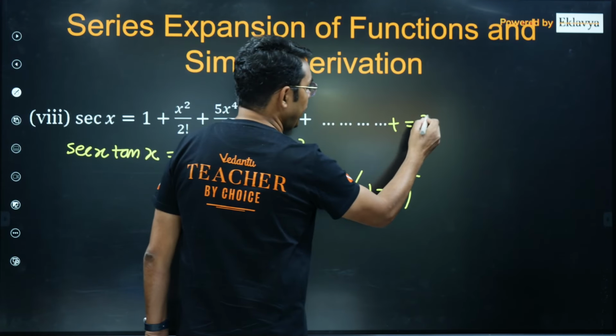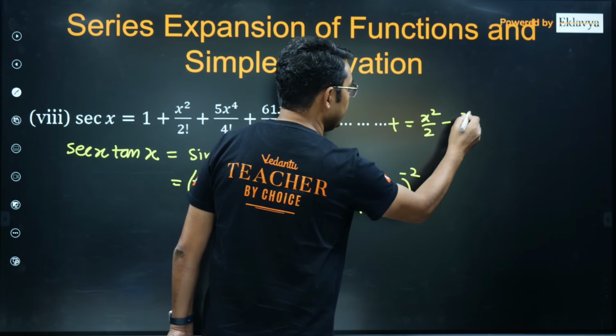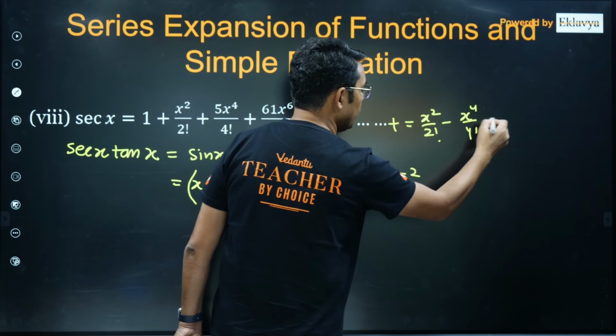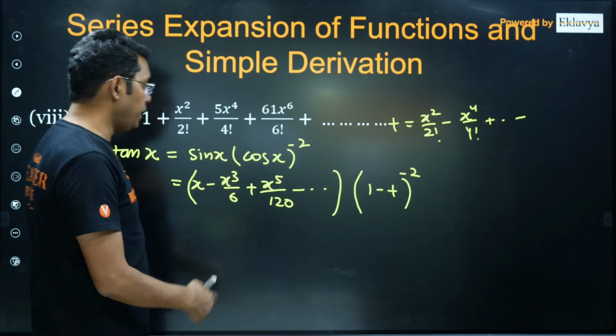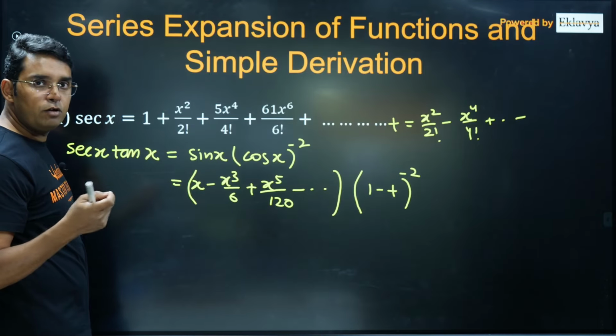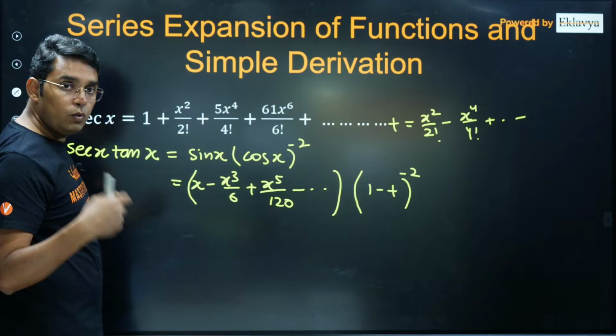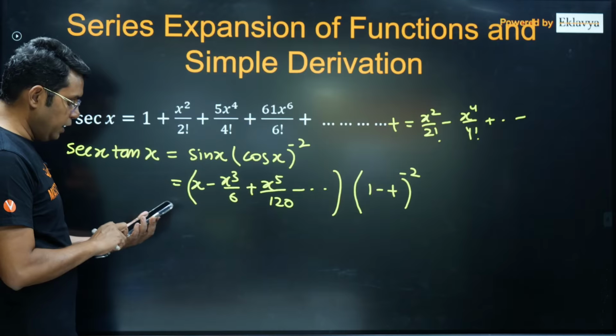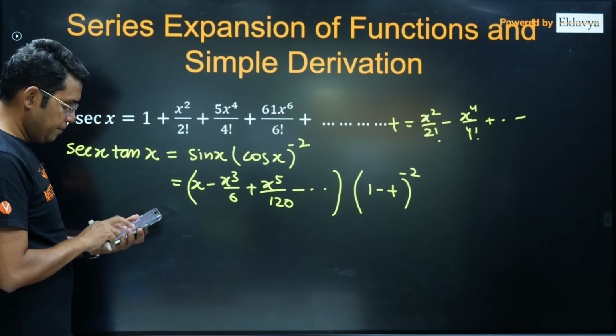That means it should be x square upon 2 factorial minus x power 4 upon 4 factorial, and so on. Now using this, you have to write the coefficient of x, x square, x cube, and so on, and then do the integration. You will get the result. Let me see what I am getting.